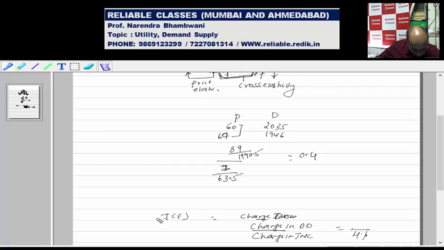Change in demand is, demand has decreased from 352 to 335. So it is 17 by 352 into 100.